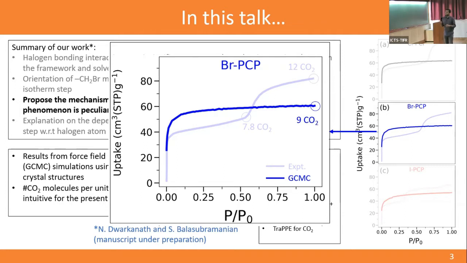Using the experimentally reported crystal structures, I calculated the adsorption isotherm using GCMC. I see that at 1 atmosphere, the saturation uptake is 9 carbon dioxides per unit cell, while the experimental observation at the saturation of the isotherm is about 12 carbon dioxides per unit cell. And the onset of the isotherm step occurs at about 8 carbon dioxides per unit cell.